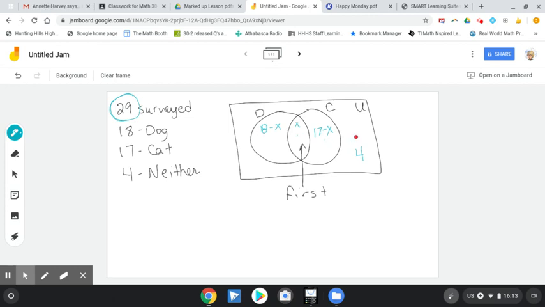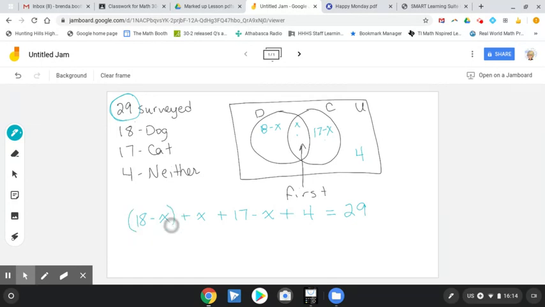All 4 sections have to add up to 29. So here's how that equation would look. 18 subtract X plus X plus 17 subtract X plus 4, adding up all the sections, would equal 29 elements.